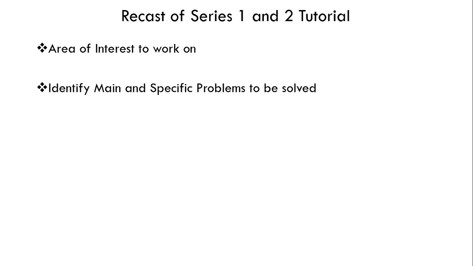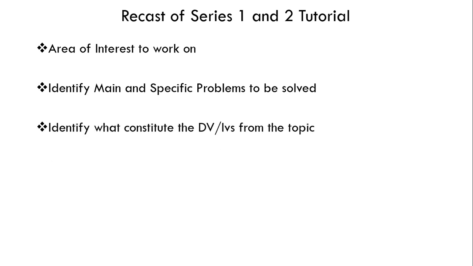Recall also that we said that the area of interest is not enough, we also have to identify the main and the specific problem of the research we intend to solve.